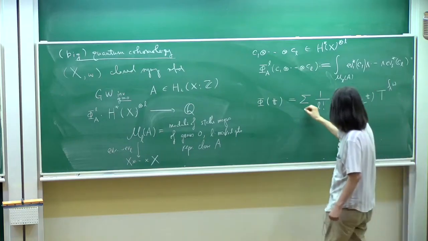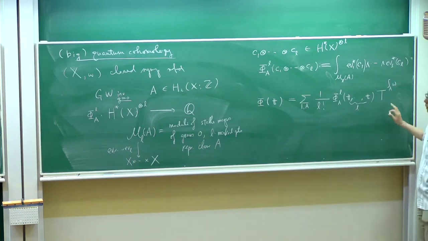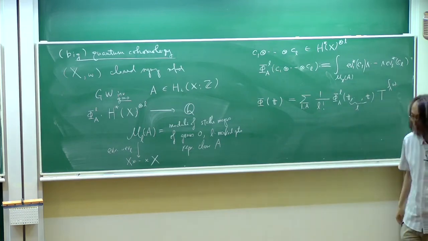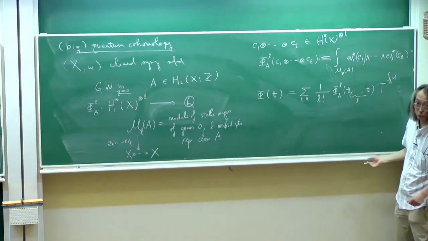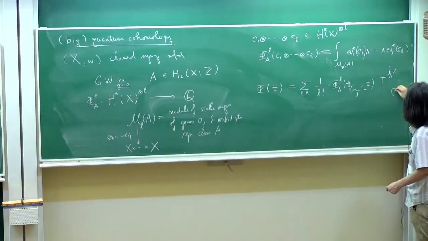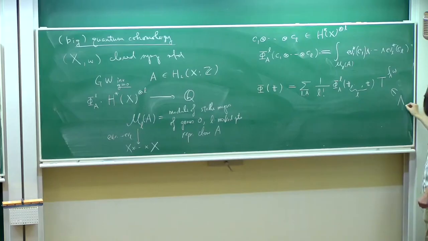And then here I take a sum over L and A. And then you get something. It converges as a formal power series in this T-adic topology. So again, it is an element in the Novikov ring, so this is actually an element in this Lambda 0 stuff. Okay?